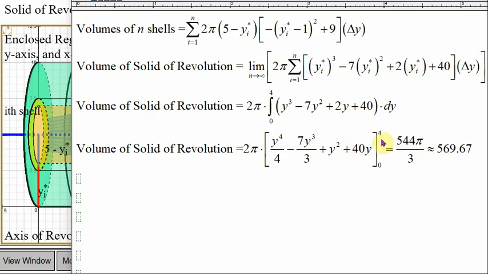Evaluating from 0 to 4, we get 544 pi over 3, which is approximately 569.67 for the volume.